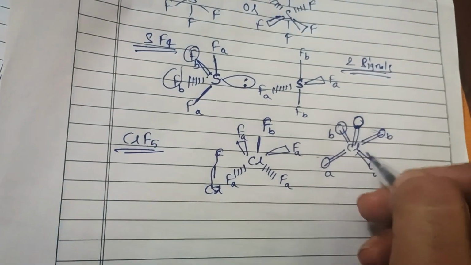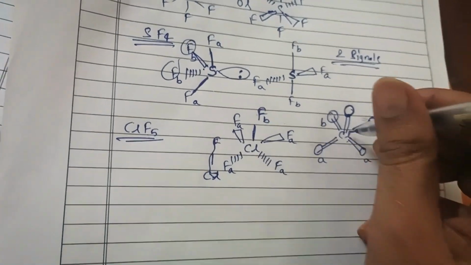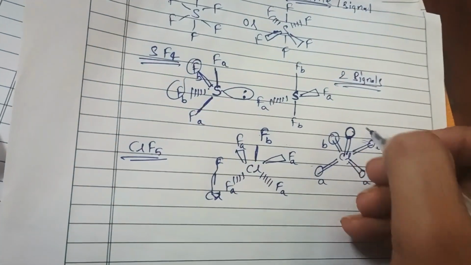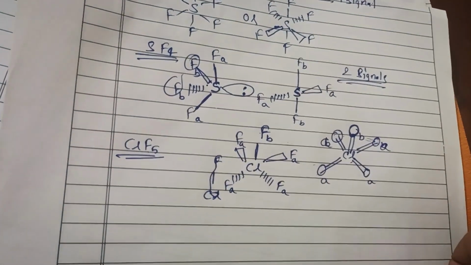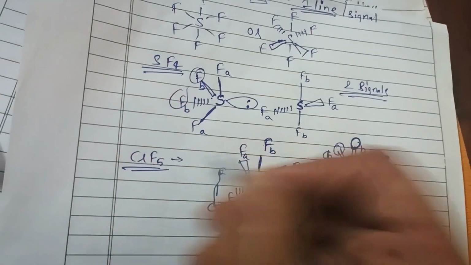These four are equivalent, and this is different. Hence A, A, B, so this will show two signals.